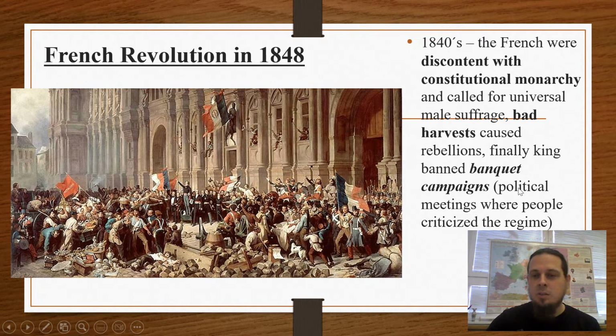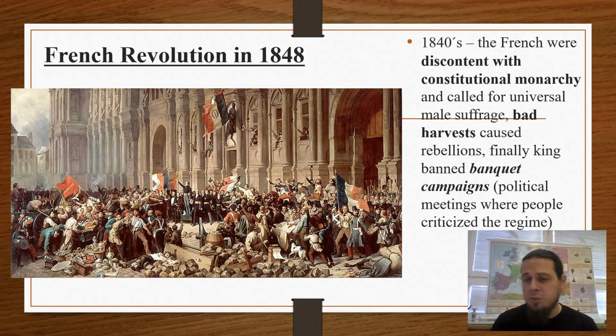They were criticizing the king at so-called banquet campaigns, where people could criticize the regime, but as you can see, not only banquets with food: people started building barricades, maybe robbing, already using the red flag of Karl Marx, which I have mentioned before.